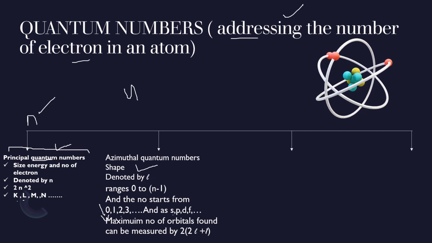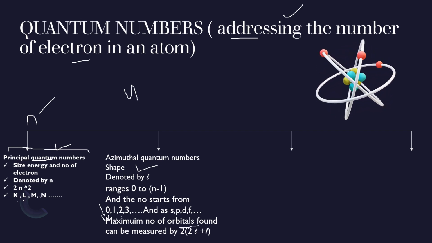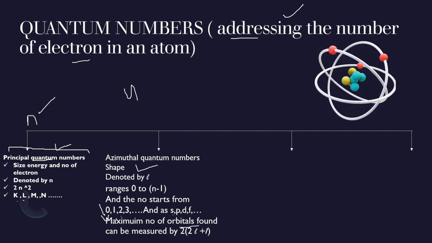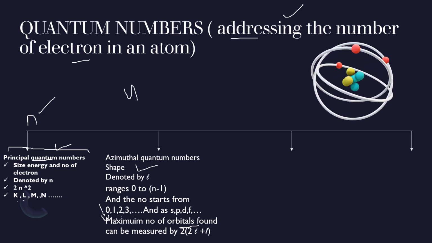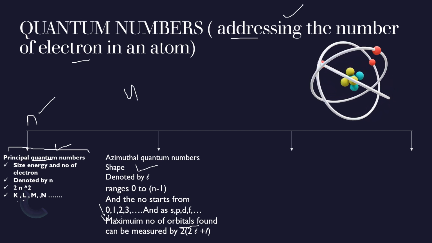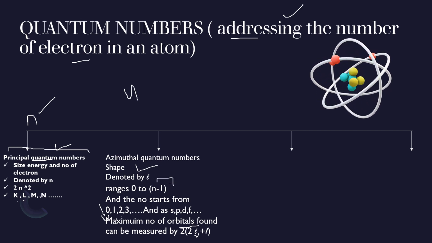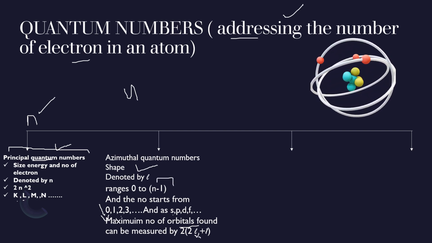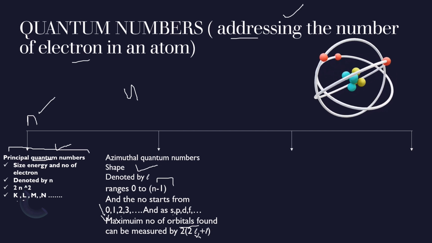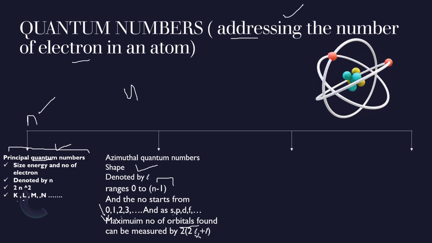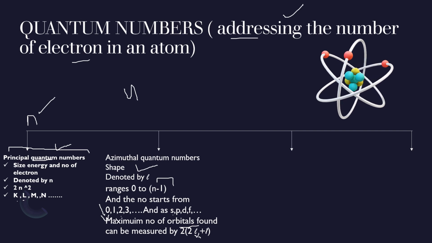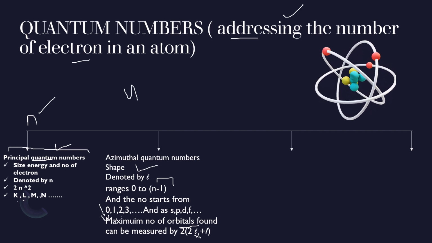Let's move forward. To find the maximum number of orbitals, we put in the azimuthal quantum number, which we found from this formula, multiply it by 2 and then add 1. In this way we find the number of orbitals.